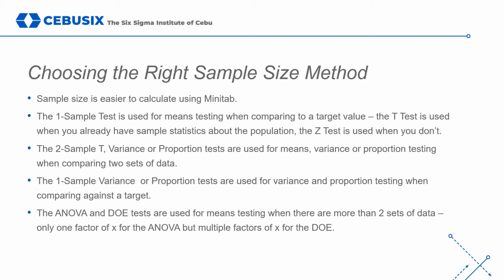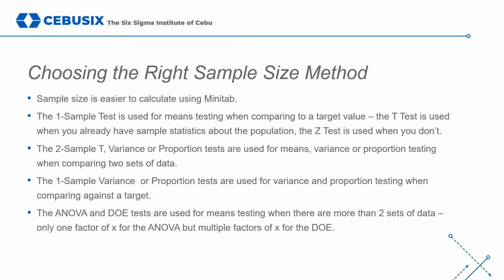The two-sample t-test sample size calculation is for means testing and is used for comparing means from two sets of data. The two-sample variance test is for variance testing and is used for comparing variance from two sets of data. The one-sample variance test sample size calculation is for variance testing and is used for comparing variance of one data set to a target.